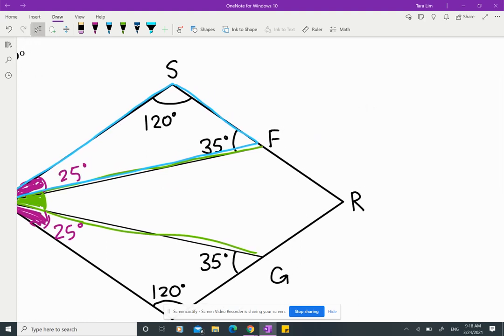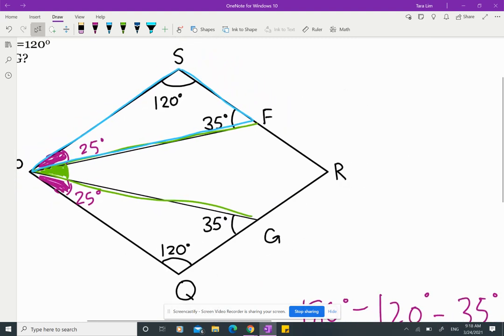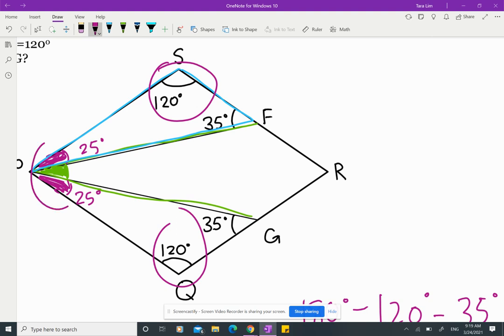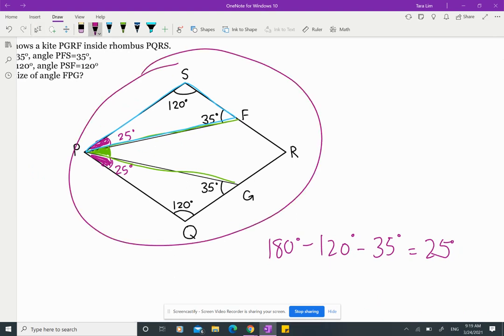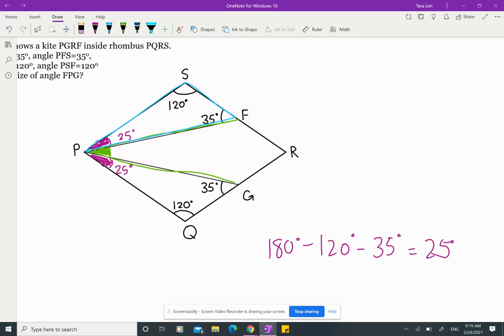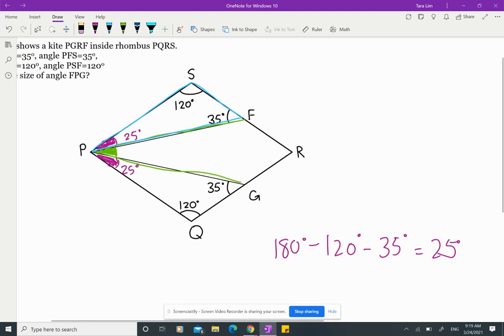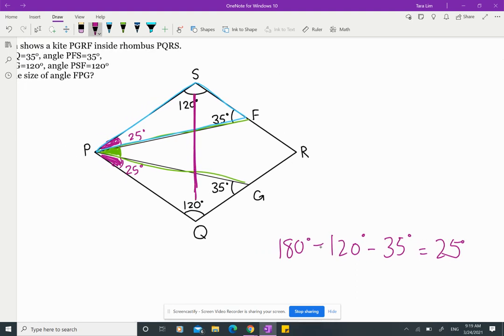So now we want to focus on getting this angle. It says that this whole thing is a rhombus, and we know that a rhombus has equal sides. So we know that these sides are equal, but we don't know what R and P is.